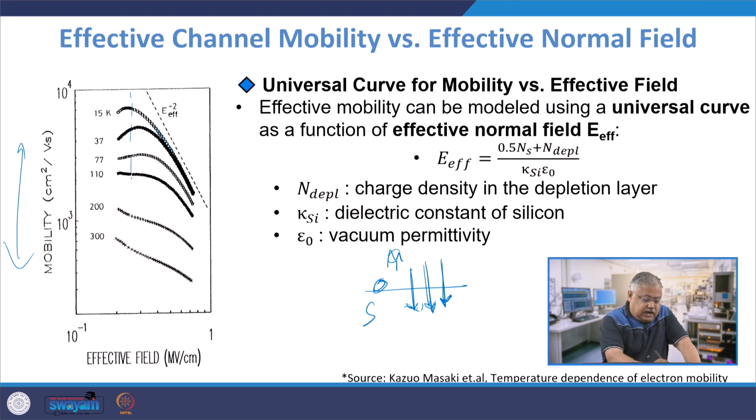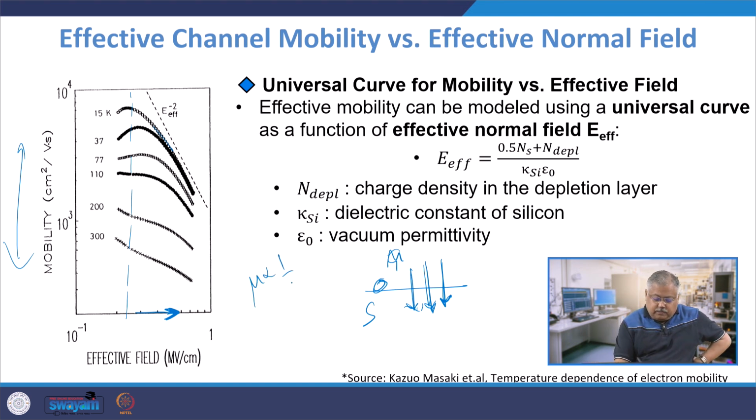If I take a graph and we see effective mobility on this side, you will see for all practical purposes it is almost an E square drop, right. So, the mobility is inversely proportional to E square for all of these graphs.